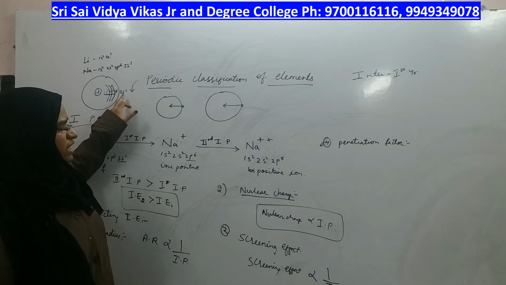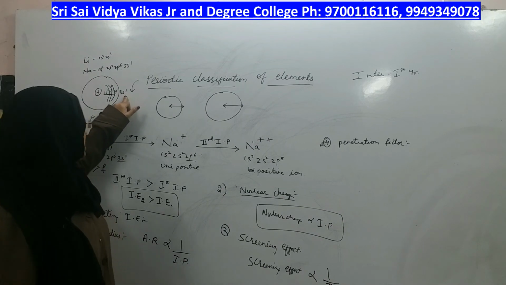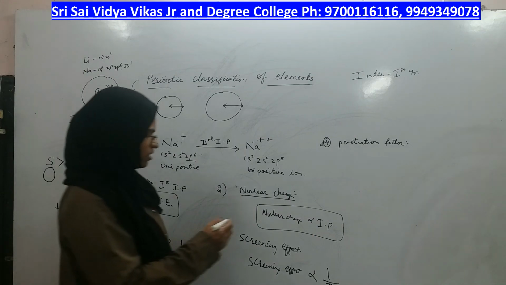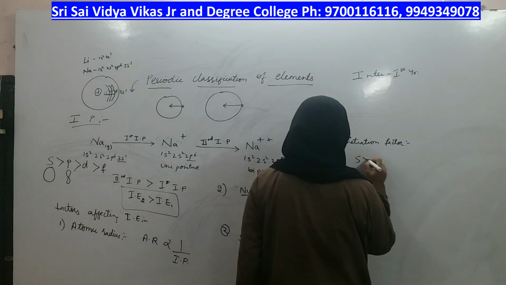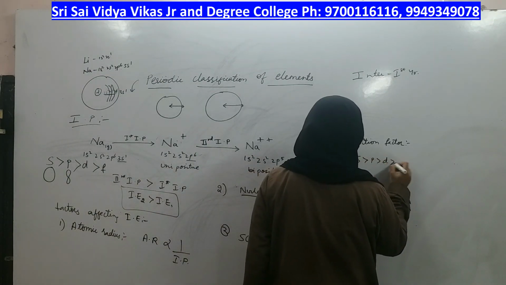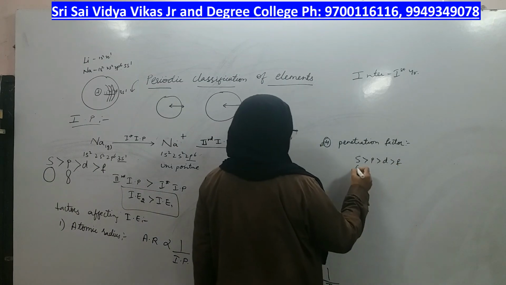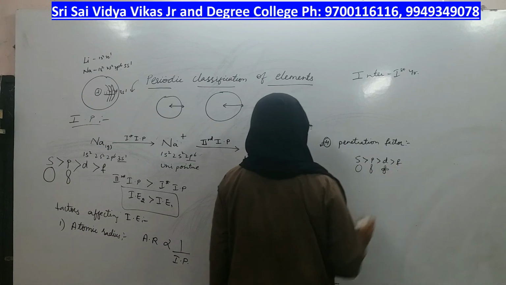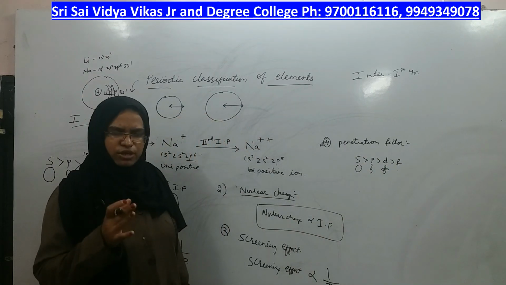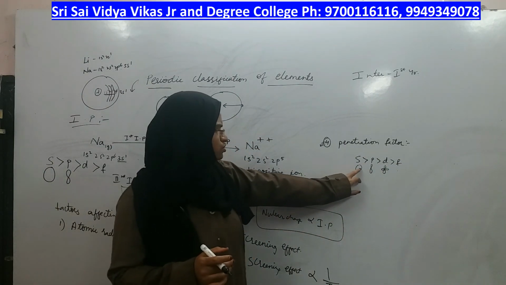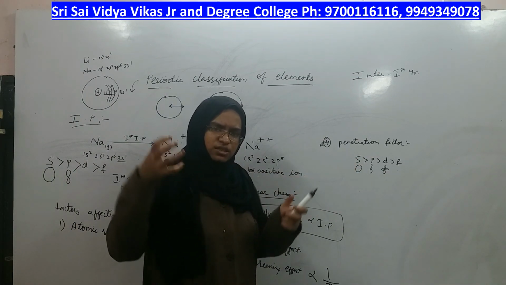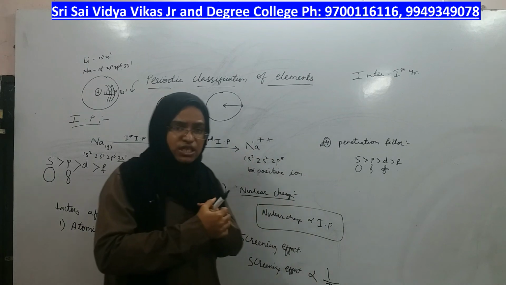Suppose the valence electron which you want to remove is in s orbital, right? And penetration power order is also same. So if the electron which you want to remove is in s orbital, it is deeply penetrated towards the nucleus.